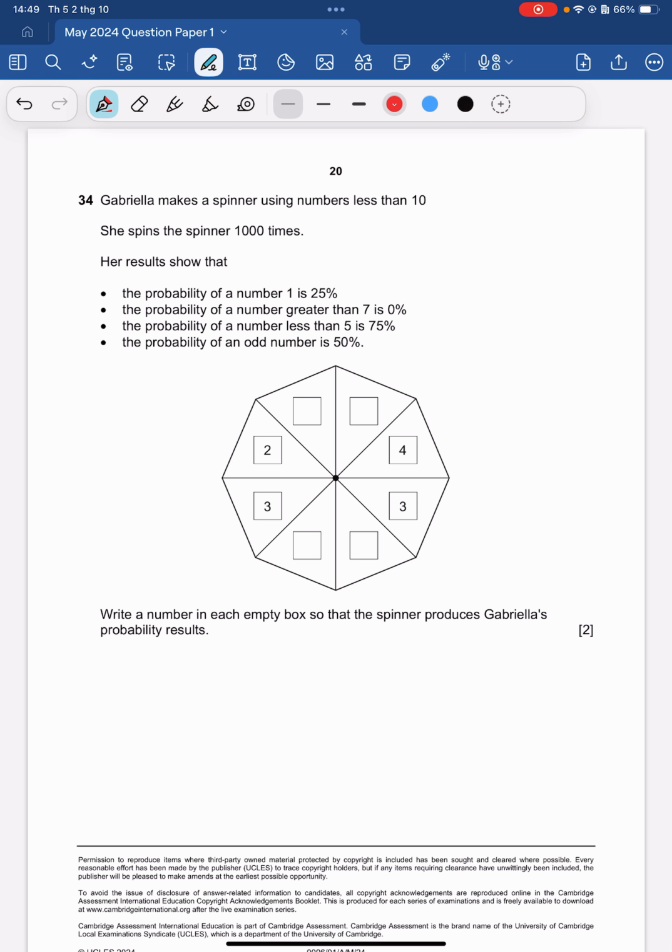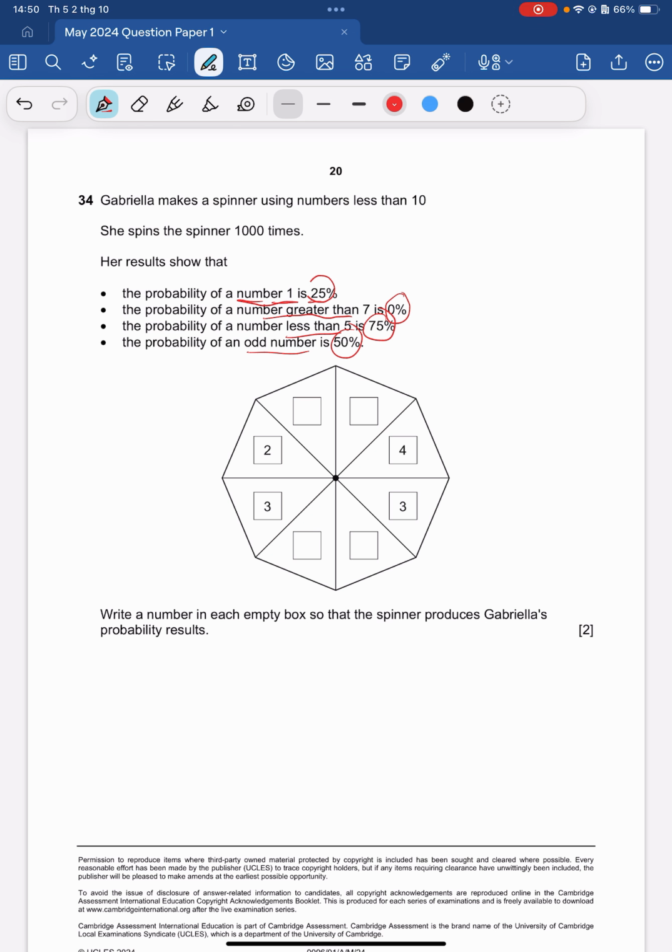Her results showed that the probability of number 1 is 25%, number greater than 7 is 0%, less than 5 is 75%, odd number 50%. That means half are odd numbers. We have 3 and we have each number, how much in total? And we have 2 already, so we need 3 more.